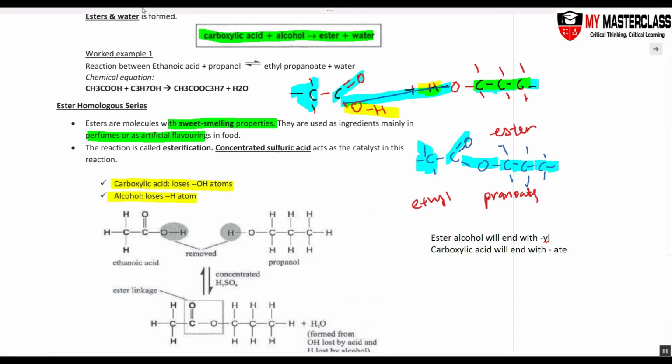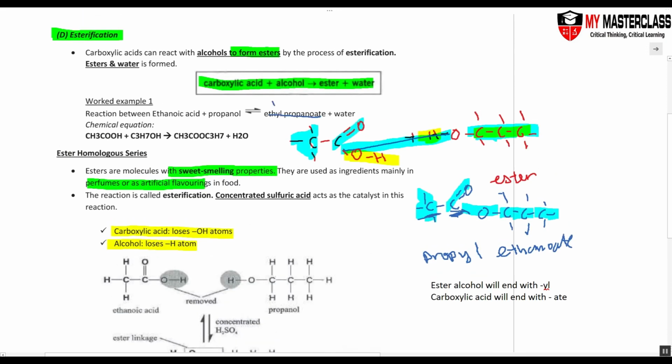Sorry, this is not ethyl propanoate. To name your ester, this one is your alcohol, propanol, so propyl. And the carboxylic acid ends with ATE. This is your ethanoate. So this one is propyl ethanoate.